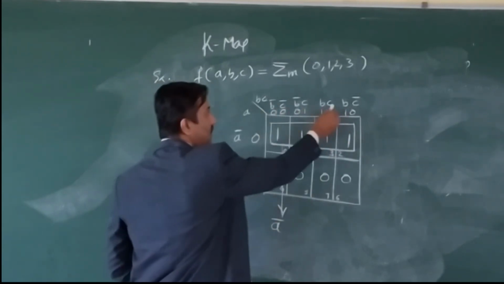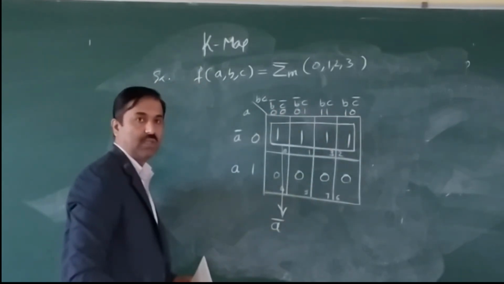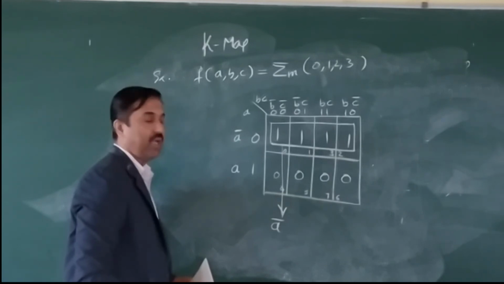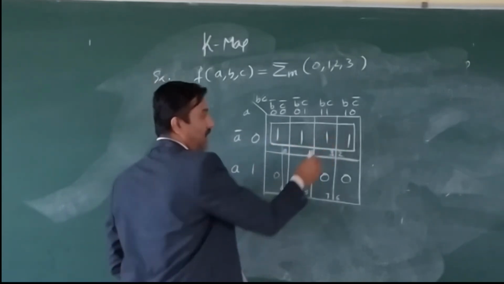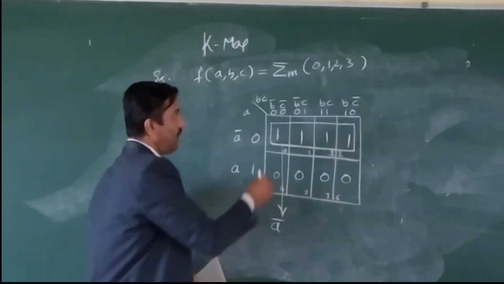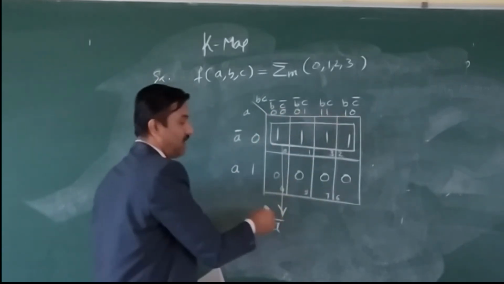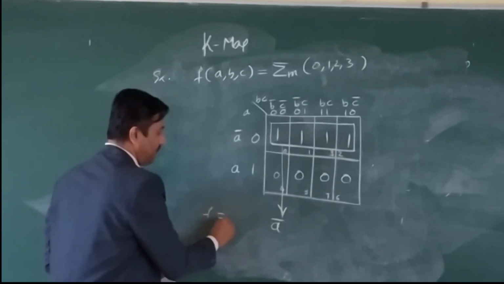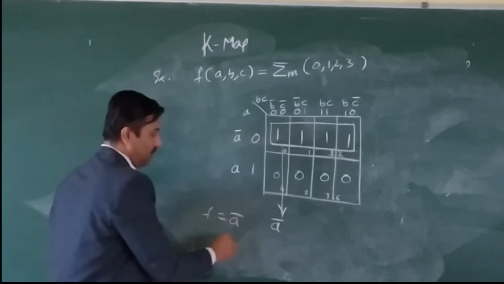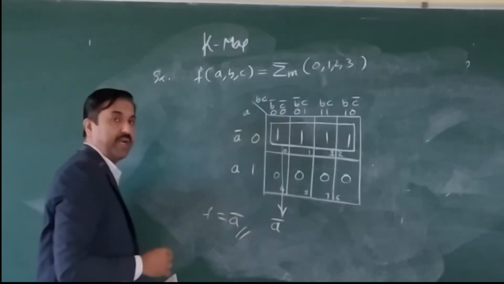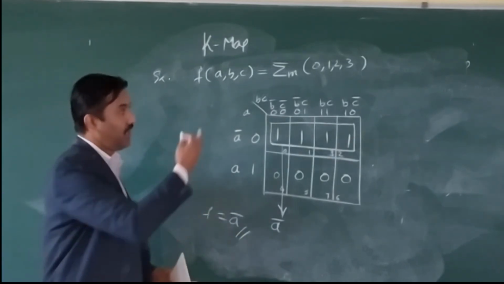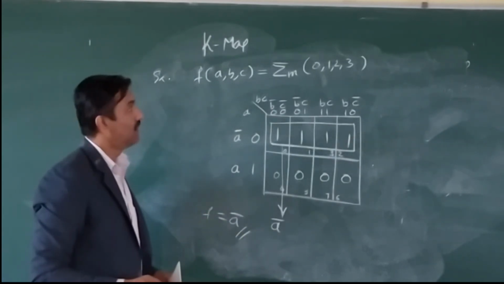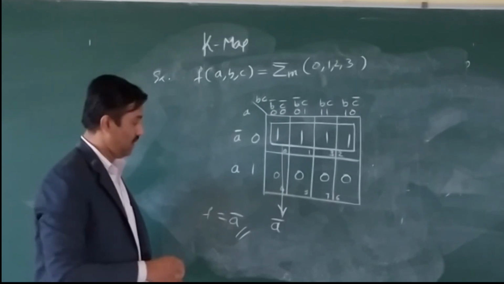As all these terms are changing, none of the terms representing those cells are constant. So I will not take any of them as a part of my final expression. So the final expression F is equal to A bar. This is the simplified expression for the given function 0, 1, 2 and 3.